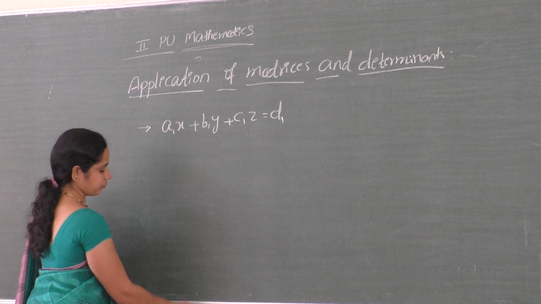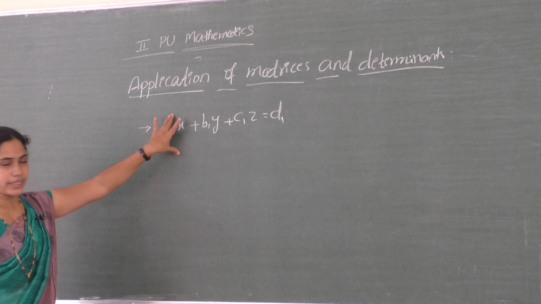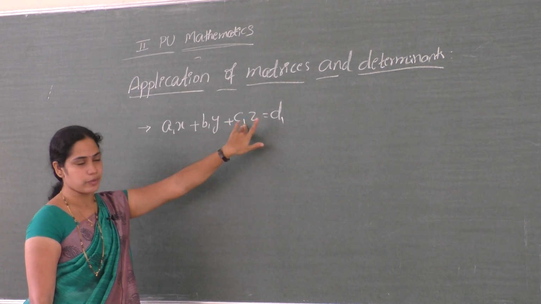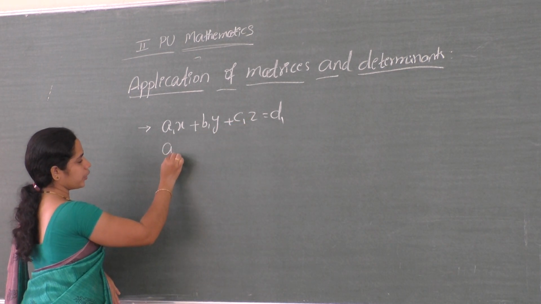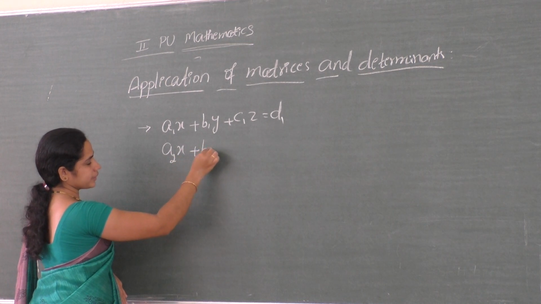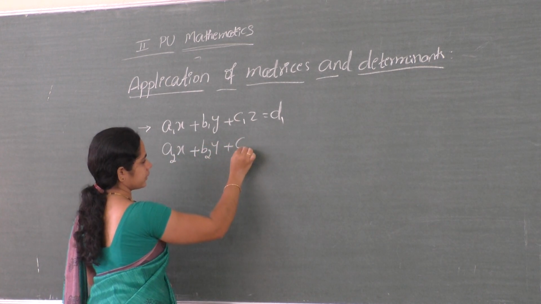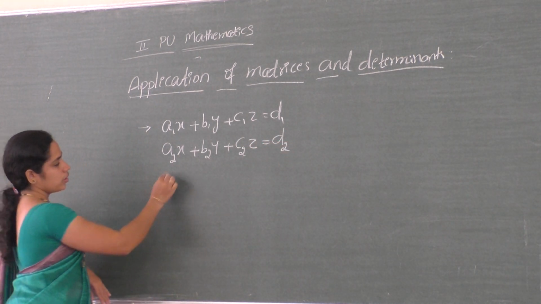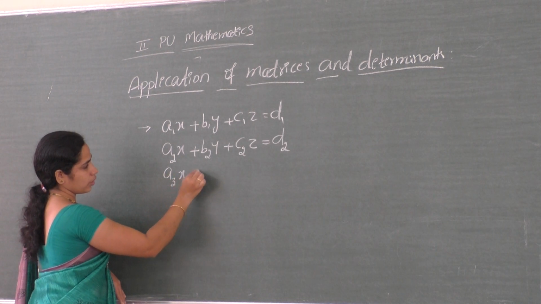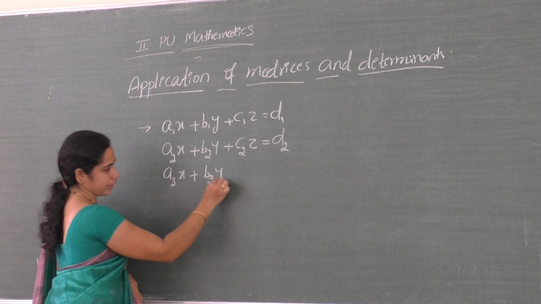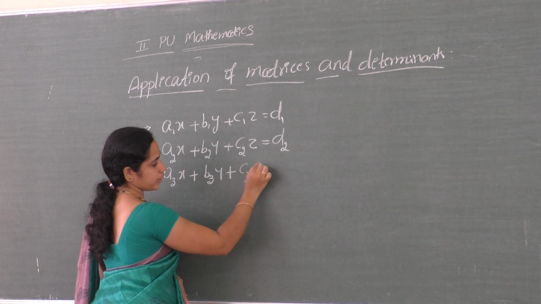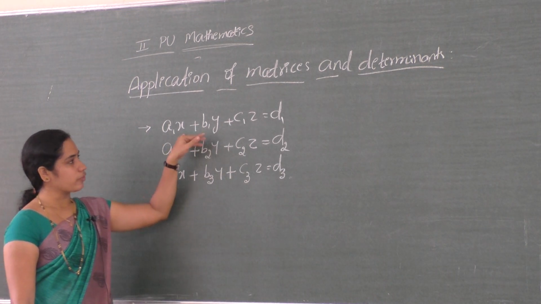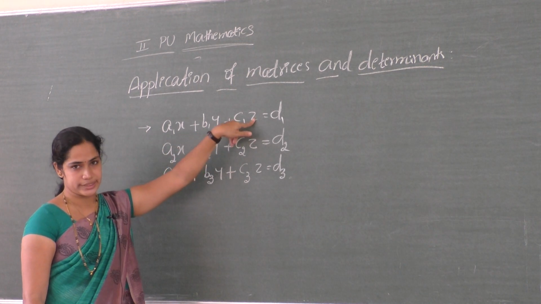In general, a system of equations can be written as a1x plus b1y plus c1z equal to d1, a2x plus b2y plus c2z equal to d2, a3x plus b3y plus c3z equal to d3, like that. Here is a system of equations with 3 unknowns.